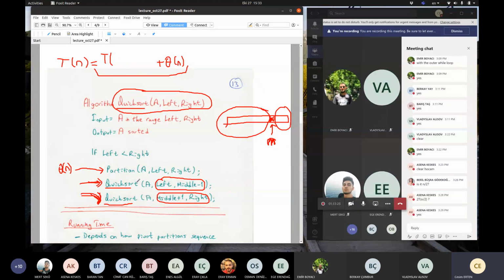So the first quicksort call will have running time T of m, and since there are n minus m elements in the right subarray, the second call will have running time T of n minus m.